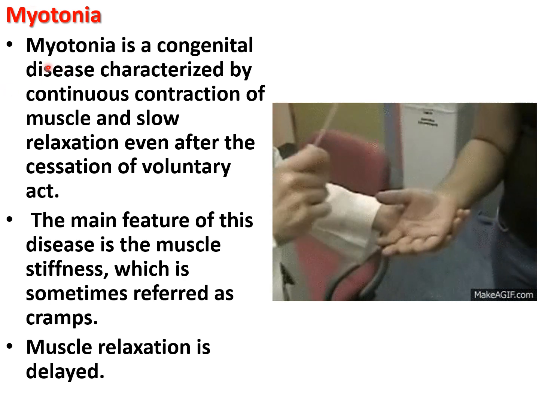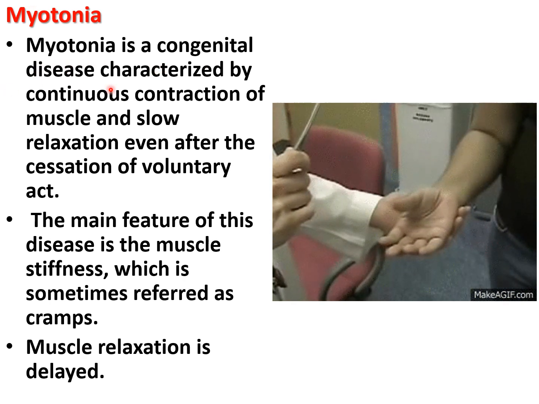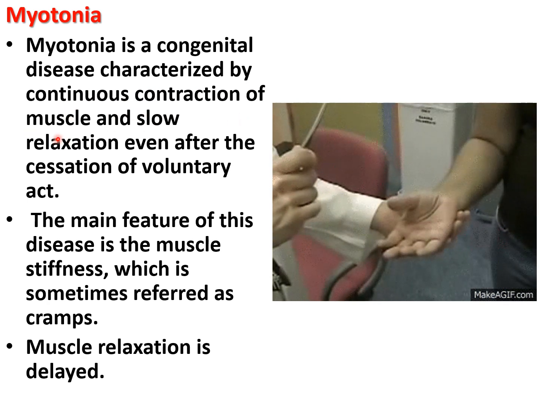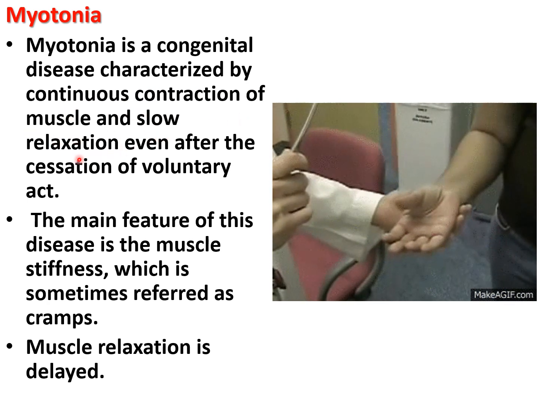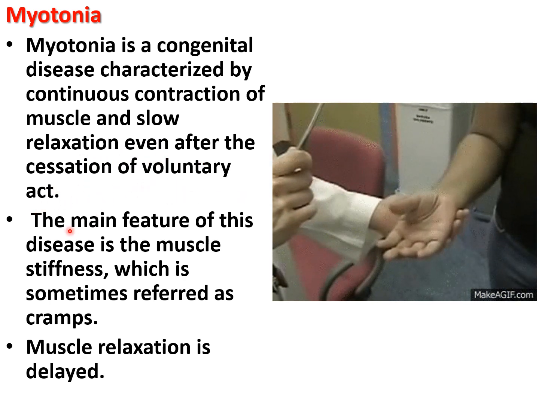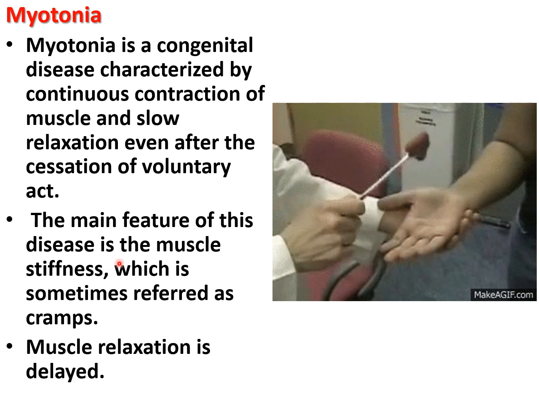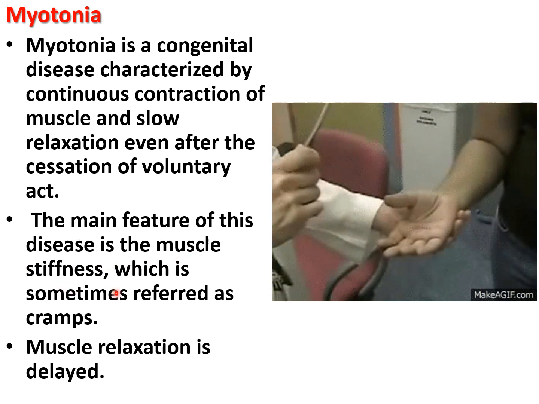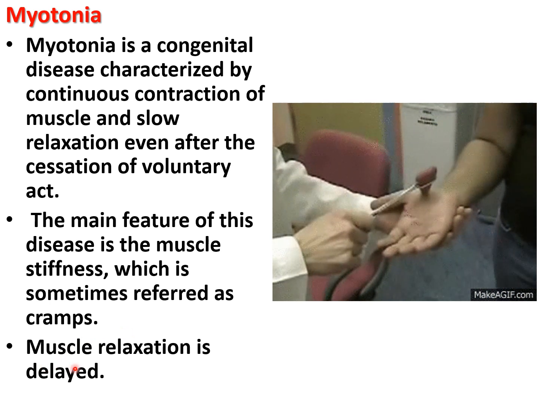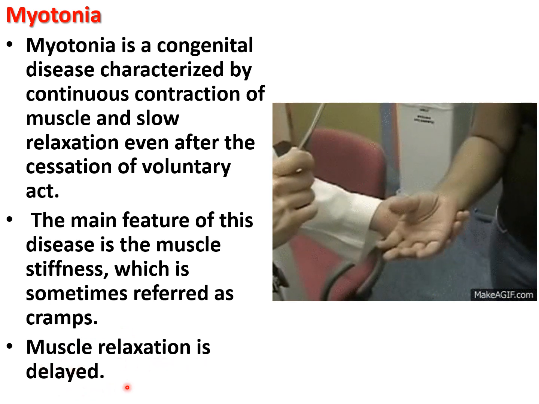Now myotonia. Myotonia is a congenital disease characterized by continuous contraction of the muscle and slow relaxation even after the cessation of voluntary act. The main feature of this disease is muscle stiffness, which is sometimes referred to as cramps. Here the muscle relaxation is delayed.